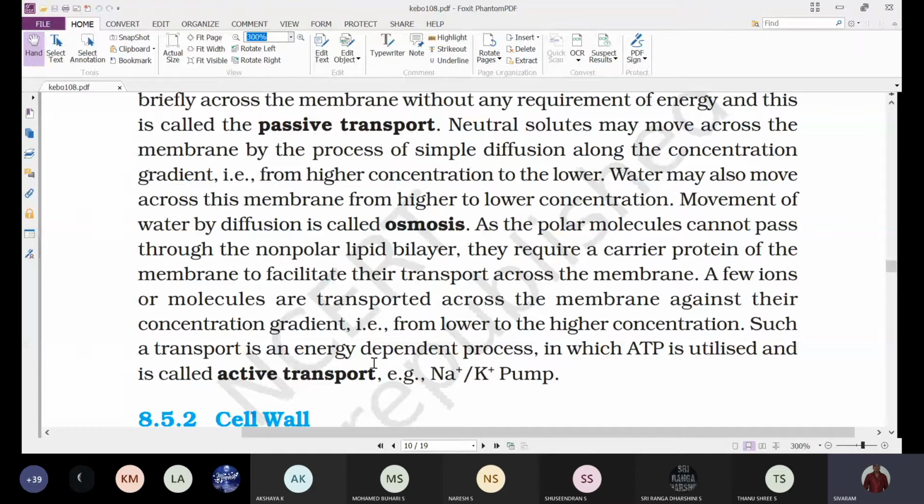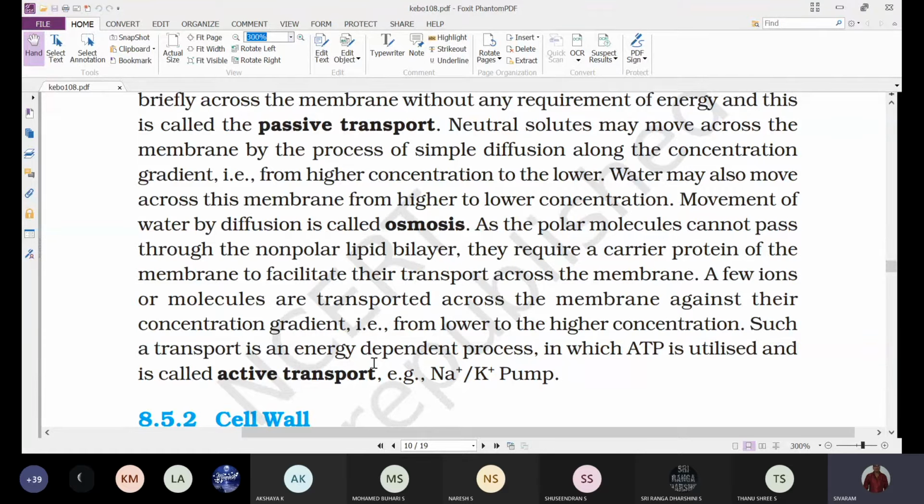That is the importance of proteins present in the cell membrane. Some of the proteins present in the cell membrane act as carrier molecules.